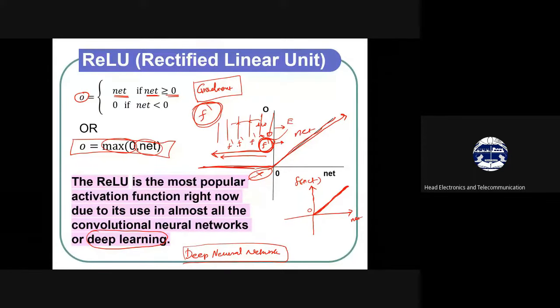Okay, so the key thing is, if you are using the tanh activation function or the logistic activation function, then this problem will be there. So people found the remedy for that in this ReLU activation function. ReLU has solved this problem, which is basically called the vanishing gradient problem.